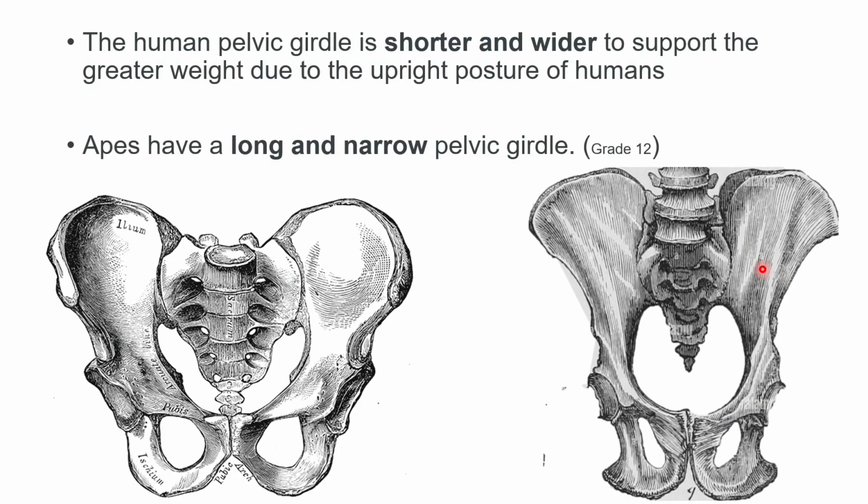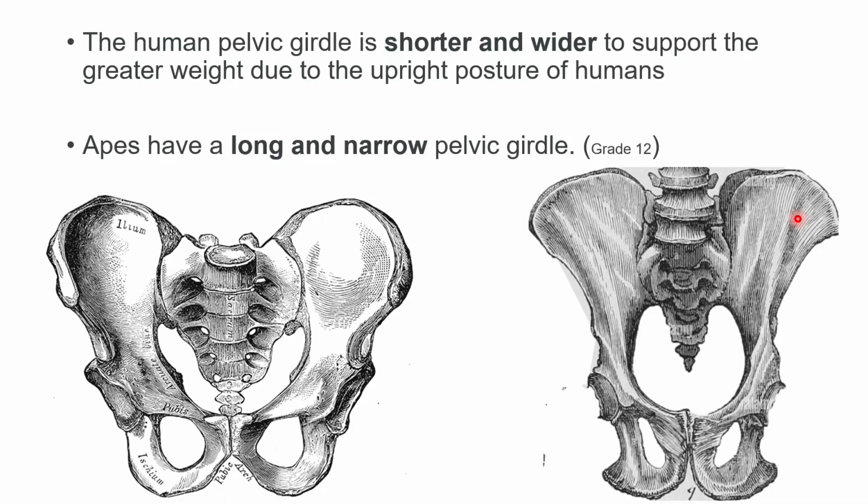So if we make a comparison between the human pelvic girdle and that of apes, we can see that the human pelvic girdle is shorter and wider. If I look there at the apes, I can see that it is longer and narrower.